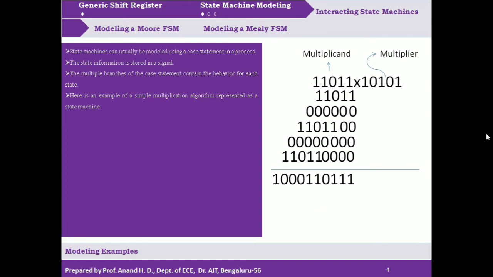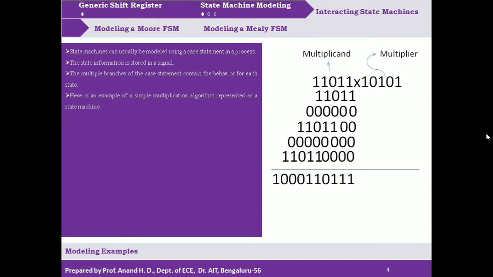What would be the number of states required for modeling this? 3 states. First is the initial state, one more state is for performing addition, and one more state is for performing the shift operation, right? That is what we should know, and there should be some variable to keep the count of the number of bits of the multiplier that are multiplied with the multiplicand.